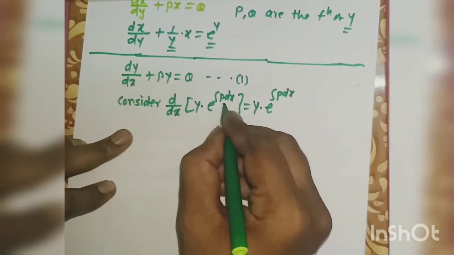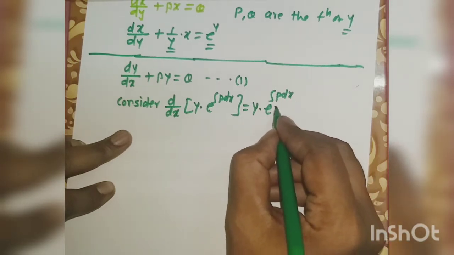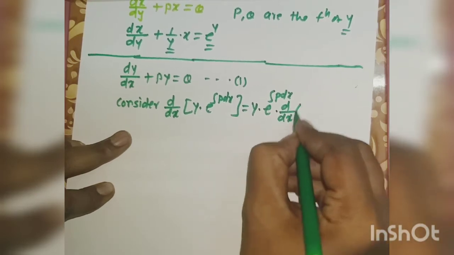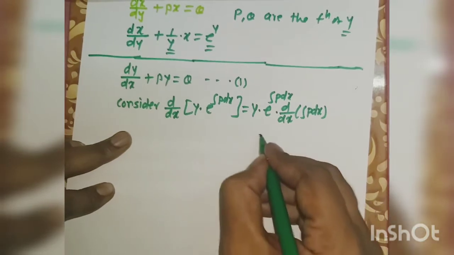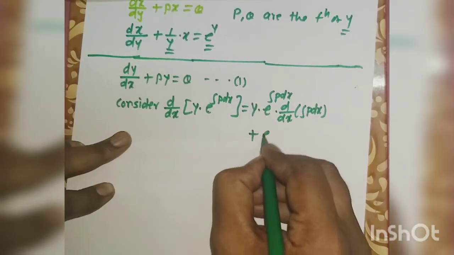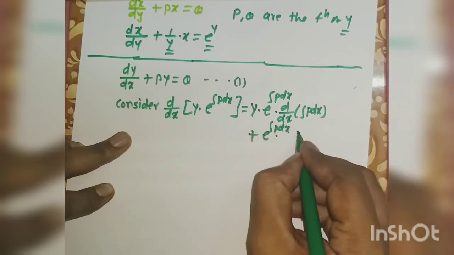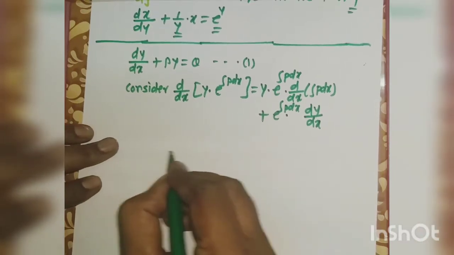The derivative of e raised to x is e raised to x, but in place of x here we have integration of p dx, so we multiply by d by dx of integration of p dx. So it equals y into e raised to integration p dx into the derivative of integration of p dx, plus e raised to integration p dx into dy by dx.